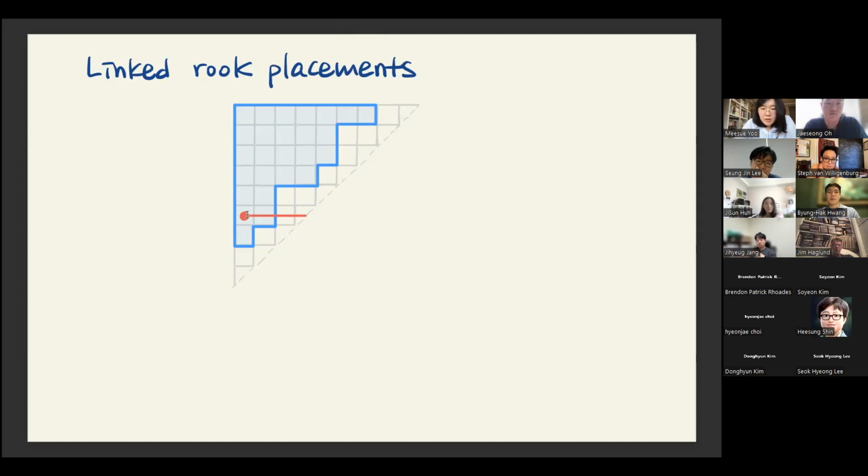And when it hits the main diagonal, it bounces up. Then you can place any rook in this column. Say I place the second rook here. And then if I want to place more linked rooks, you do the same. It emanates away, and if it hits the main diagonal, it bounces up. And then you can place any rook in this column, but there is only one cell. So you place a rook here.